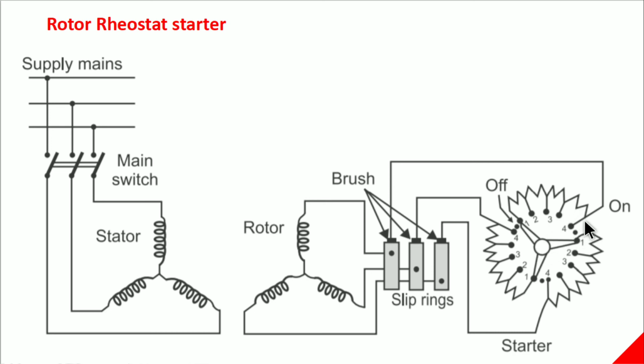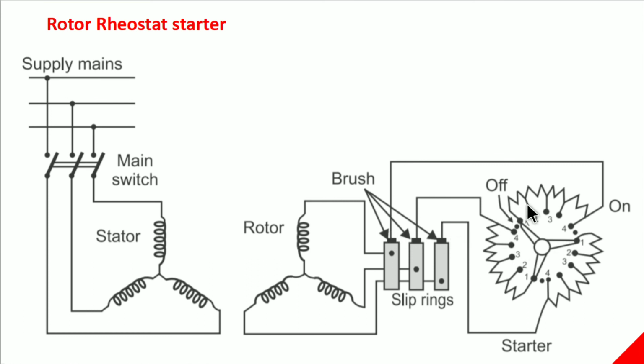And at number 4 the 3-phase rotor windings are short circuited. These are not having any resistance in the circuit. At number 4 it is connected through slip ring to this phase, then this phase is connected to number 4 here, and third phase is connected through this slip ring to number 4, and under running condition these 3 slip rings are short circuited.